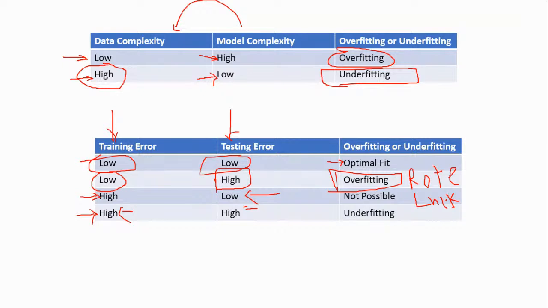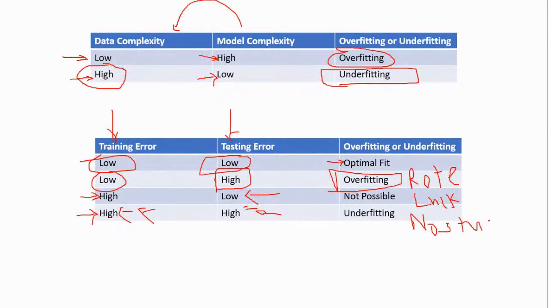But when there is proper theory, it's not possible to make a lot of mistakes in the practice exam and very few mistakes in the final exam. So this is actually not possible, and this is not possible in machine learning as well. And if I make high mistakes in the practice exam and high mistakes in the actual exam, it means I have not studied at all. So no study is this.